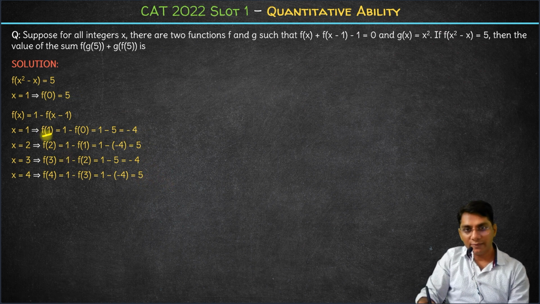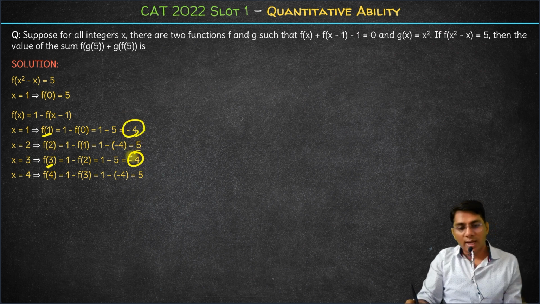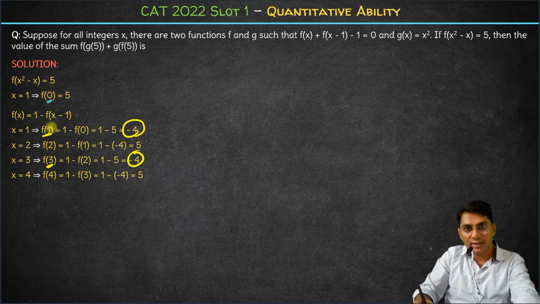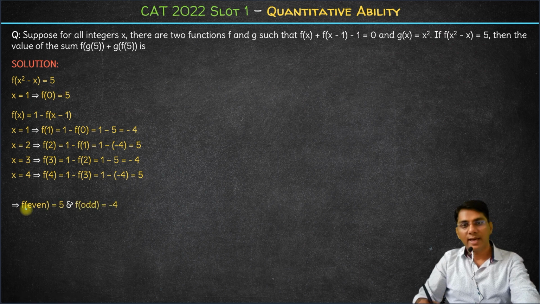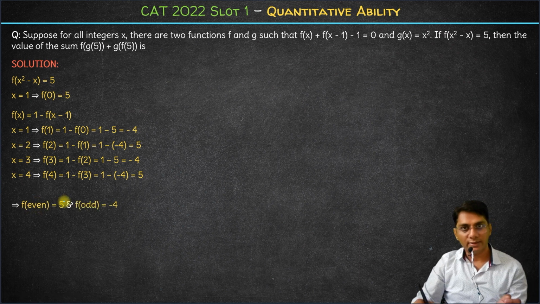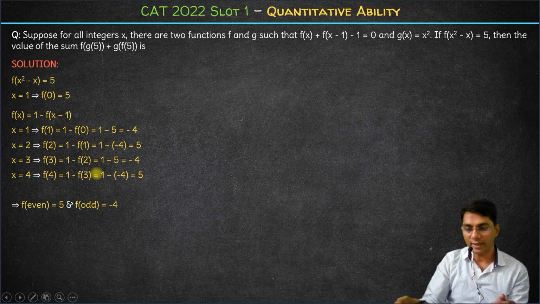So if we have f of an odd number, the value is minus 4, and if we have f of an even number, the value is plus 5. So we can generalize: f of an even input will give us an output of 5 and f of an odd input will give us output as minus 4. Right? So this is function f that we have.